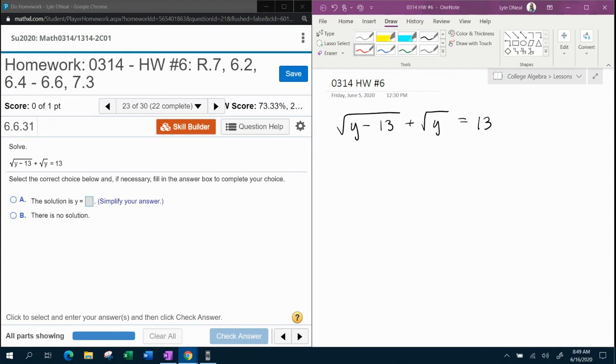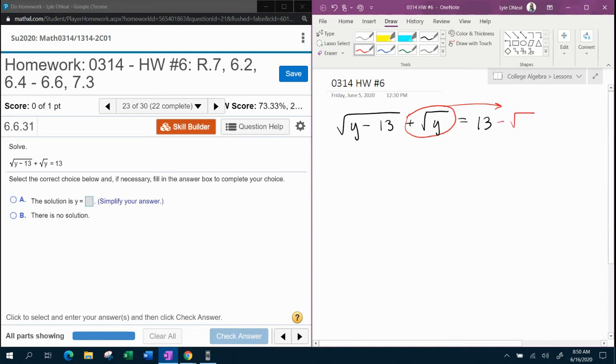So remember what I've said in previous videos, if you're going to solve a radical equation, the first thing you need to do is isolate the radical. Well, since we have two radicals, what we're going to need to do is isolate one of them and then square both sides. So I'm going to take the plus square root of y to the other side.